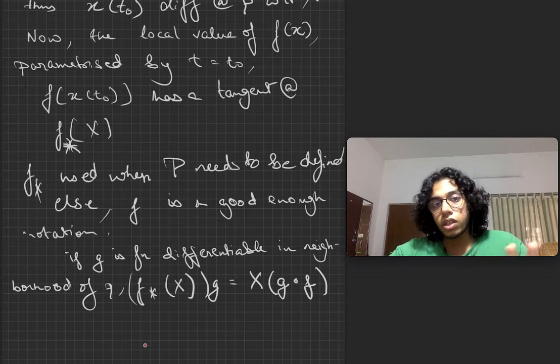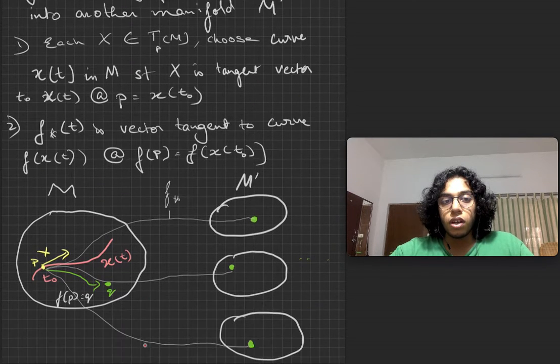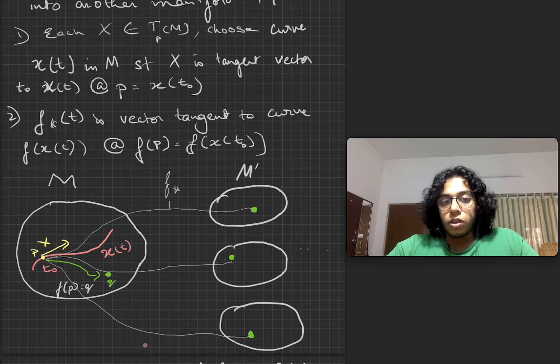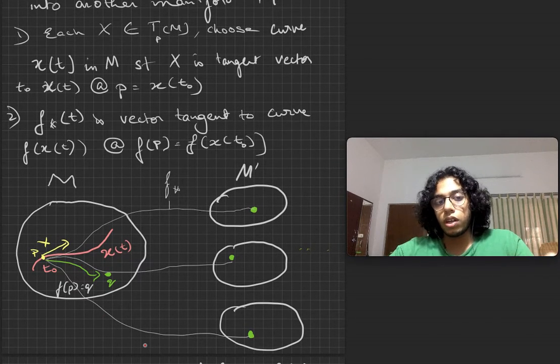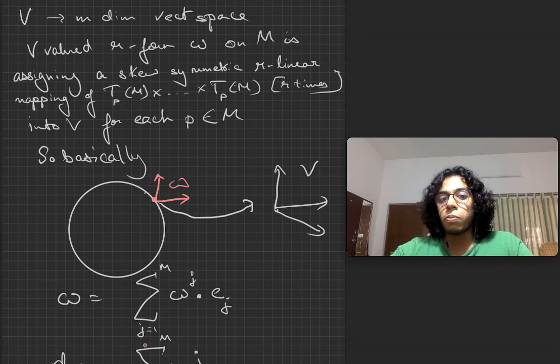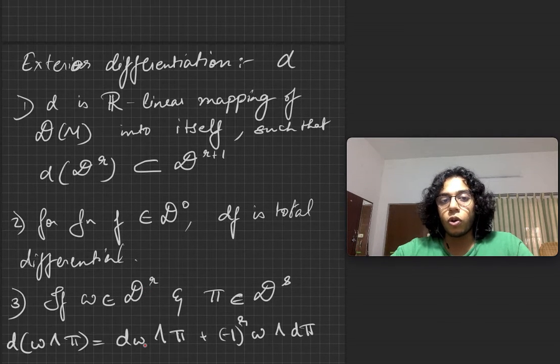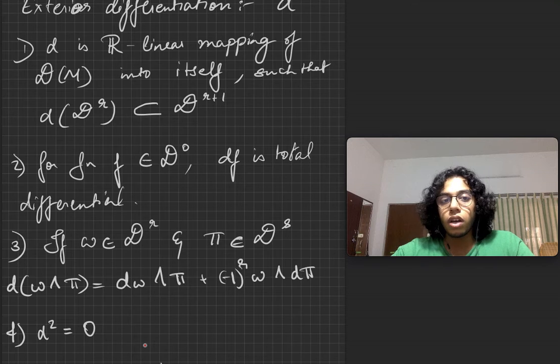But the key to today's understanding was what f star actually means, in terms of defining the connection between two manifolds. And then we also had the discussion of mapping of the differential or the forms onto a vector space, and we also discussed what the exterior algebra looks like.